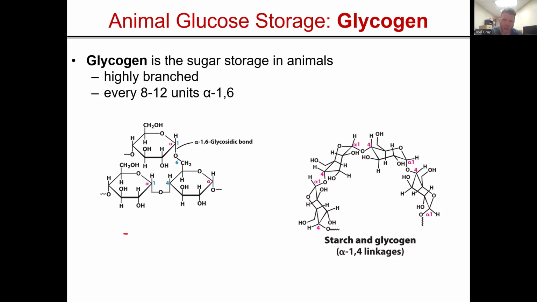The actual numbers on their frequency are going to vary a little bit, but glycogen is going to have an alpha 1,6 linkage depicted right here about every 8 to 12 subunits. Now, that's not to say that it will absolutely be every 8 or every 12. It varies a little bit, which was kind of what we saw in that previous depiction.